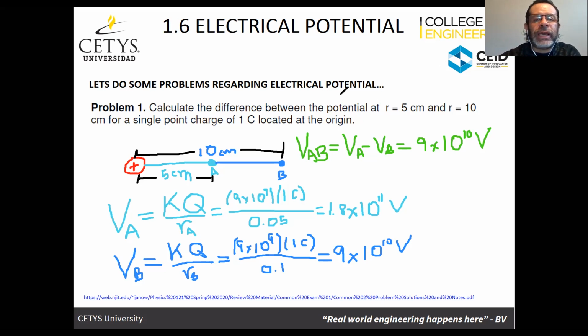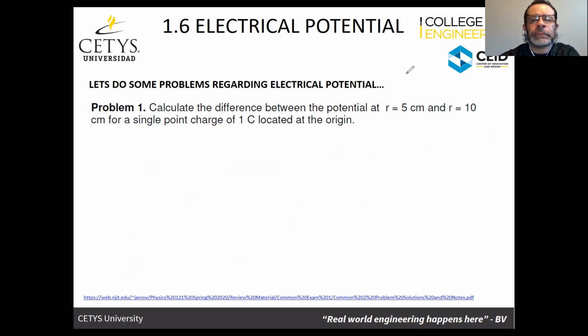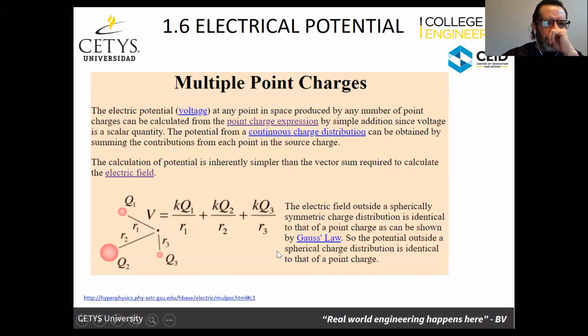Now, what happens if we have more than one charge in the space? Right now we're just looking at one charge. What if we have multiple charges?